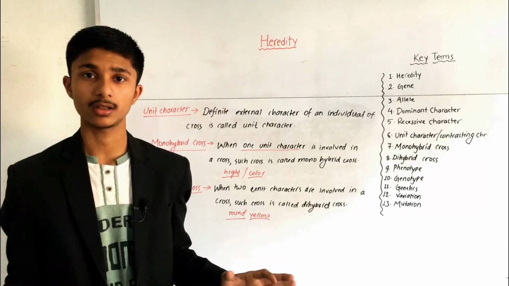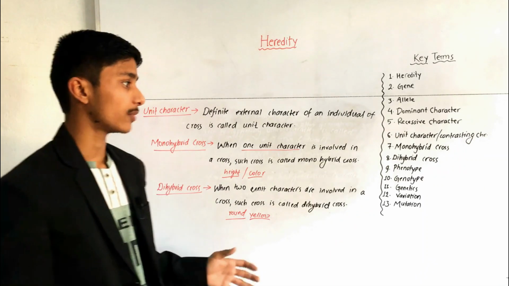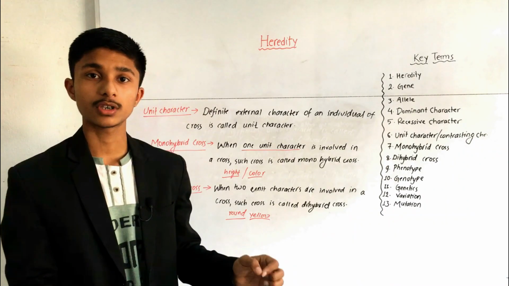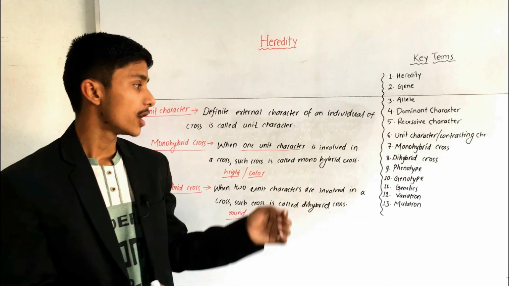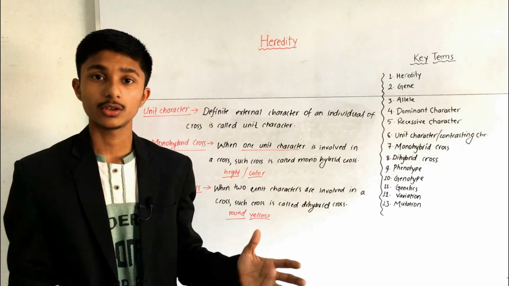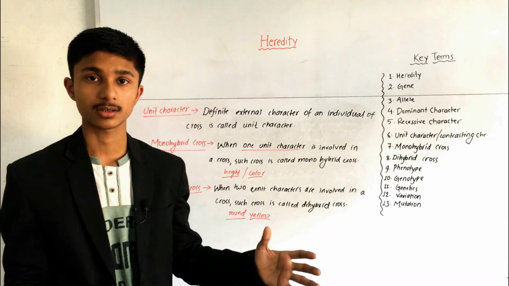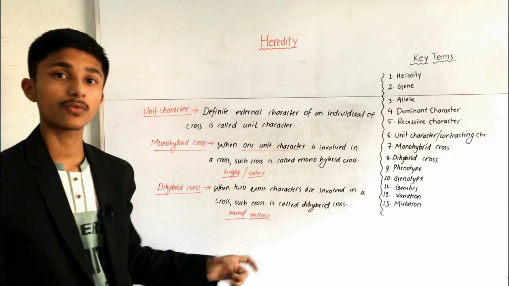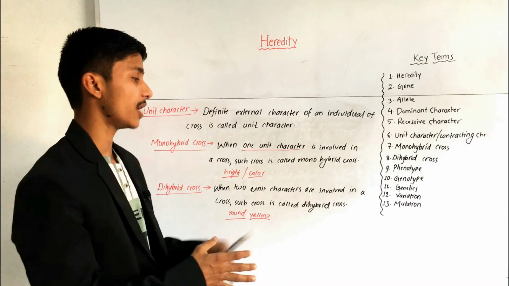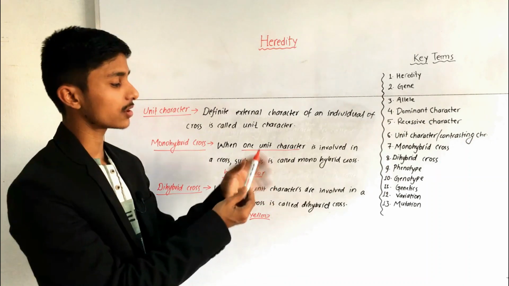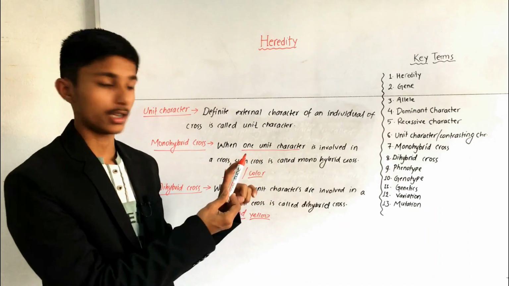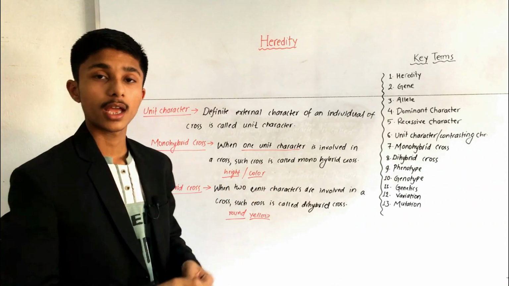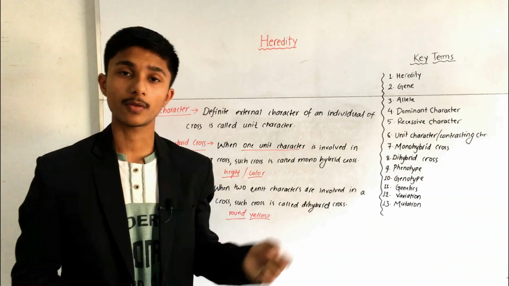Suppose some person is fat, you can see his fatness, therefore that is phenotype. It is the morphological appearance, how anything appears. Suppose this marker appears, its color here on the tip is red and all this is white. This is phenotype.